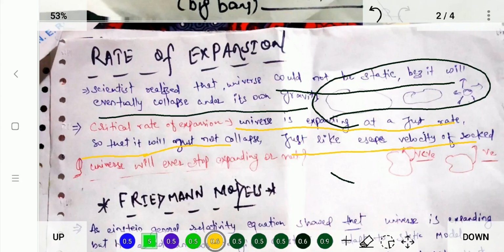You have heard about escape velocity: at a certain velocity, for Earth it may be 11.2 kilometers per second, if we shoot an object towards the sky, I think it will not fall back to Earth, it will escape from Earth's gravity. This is called the critical or escape velocity of that object. So the universe is also expanding like that, somehow preventing its collapse from gravity, expanding at some rate so that it will not collapse. You get that, right? That's why it is called the critical rate of expansion.